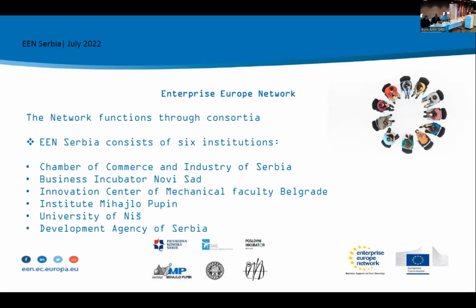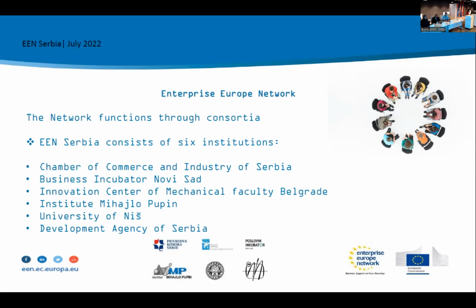The network, as I said, functions through consortia. EEN Serbia consists of 6 institutions in our consortium, and I have to say that we have been involved in the EEN from the beginning, so from 2008.